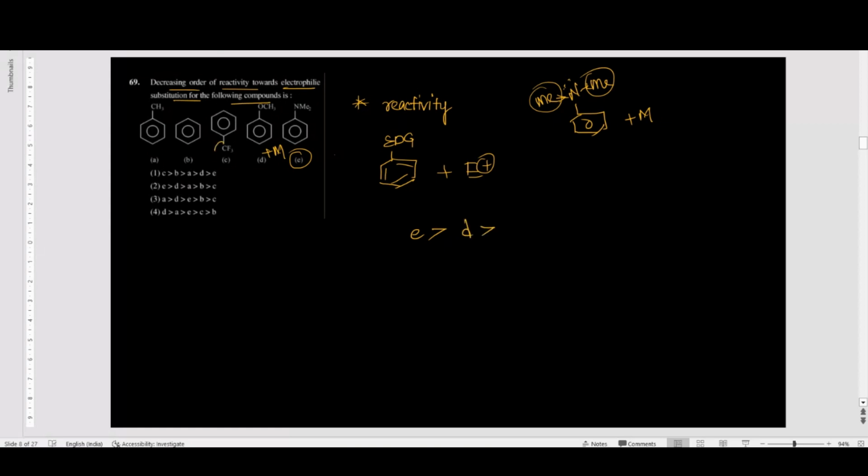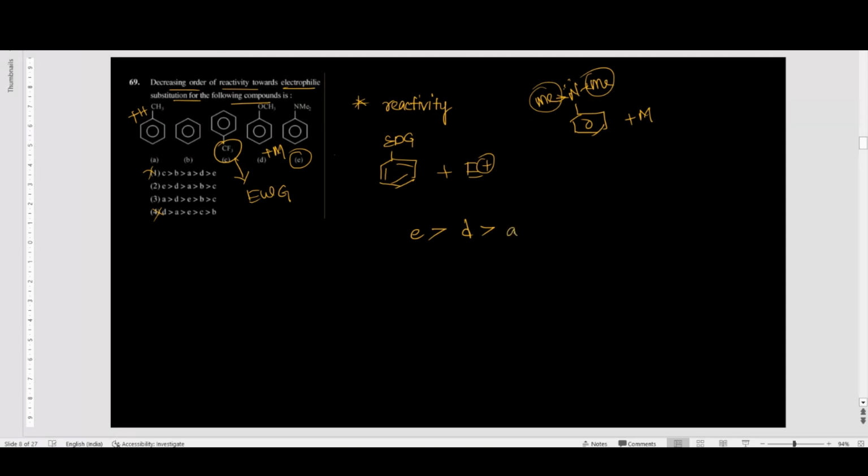Then after this is the electron withdrawing group, so it will be lowest, right? So C will be last. So you can eliminate these two options. Option 1, option 4 you can eliminate easily. Option C should be last, and then this one shows plus H effect, right? Hyperconjugation it shows.